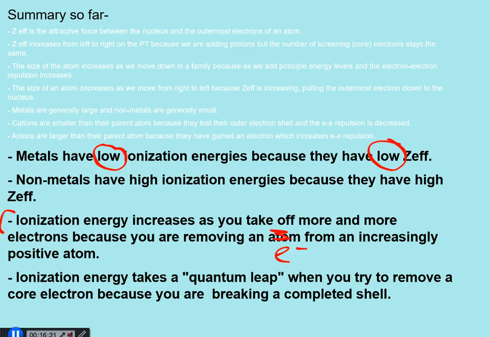Okay, and then ionization energy takes a quantum leap when you try to remove a core electron because you are breaking a completed shell. All right, we good? I did not put the discontinuities up there. Those are something you should know. I don't even think I have a test question on them, but they are things that you need to know.